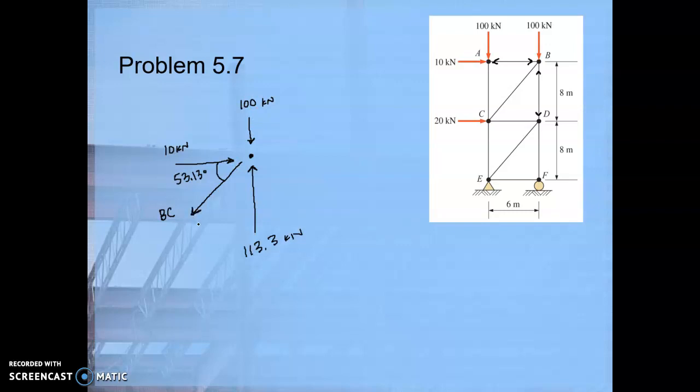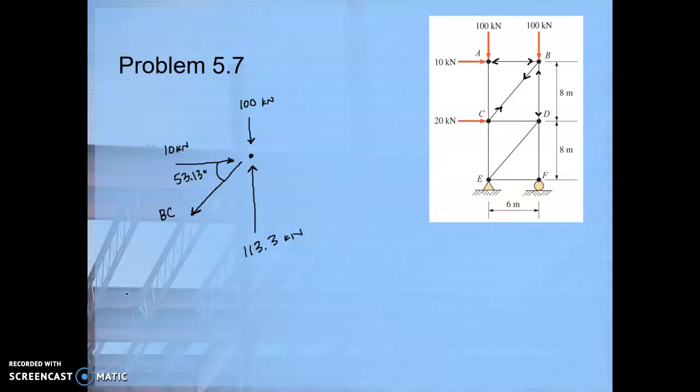We need this diagonal member to be in tension, pulling the joint down, pulling away from joint B. So if this member is in tension, it's going to be pulling away from joint B and also pulling away from joint C. So we can now solve for the unknown force BC by summing in the x or y direction.